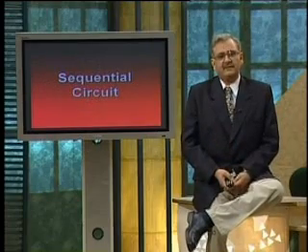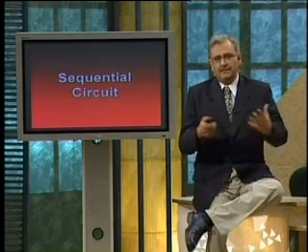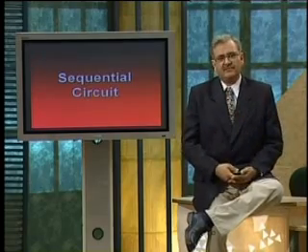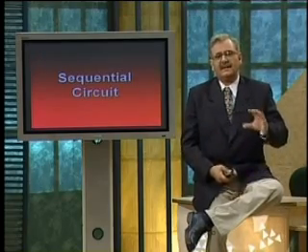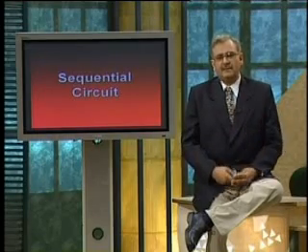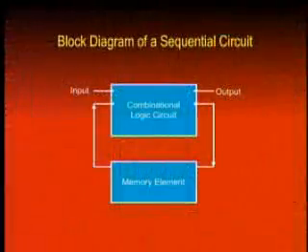Sequential circuits are basically a combination of combinational circuits and a memory element. The number 10, which was stored in the digital system, is in fact stored in that memory element. Let's have a look at the block diagram of a sequential circuit, and let's explain how it works. The block diagram of a sequential circuit is shown.